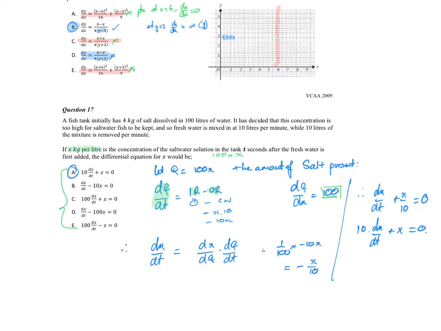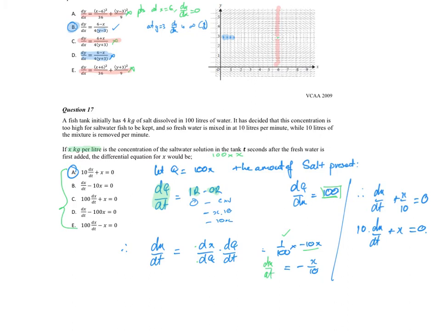So that's the rate of change of the concentration as opposed to a rate of change of the amount of salt present. So dx/dt is dx/dQ times dQ/dt. dx/dQ is 1 on 100 times dQ/dt, which we worked out to be negative 10x, which is negative x on 10. So dx/dt is equal to negative x on 10.